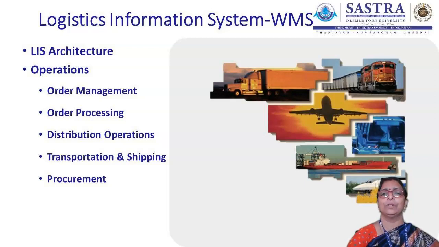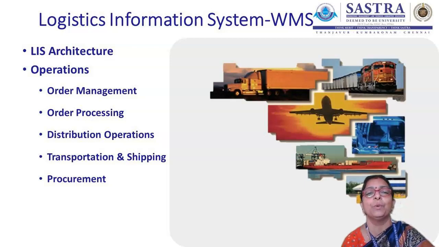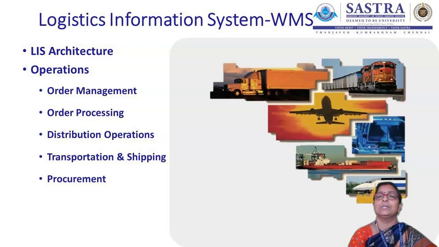Normally, the reports consist of numerous summaries of the detail and the exceptions, listing information related to the entire range of our logistics activities, starting from manufacturing till it reaches the customer.